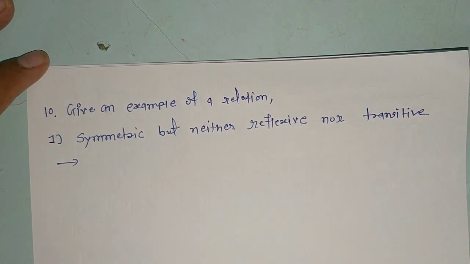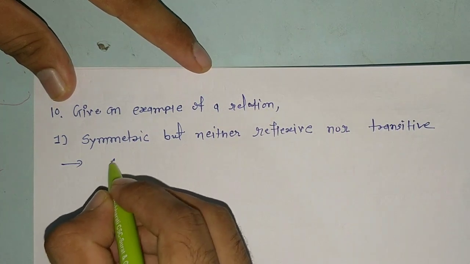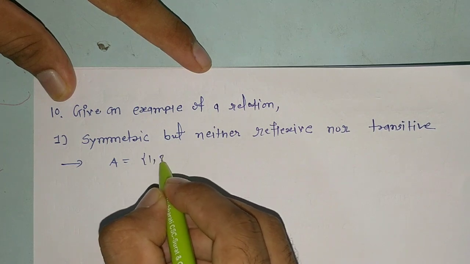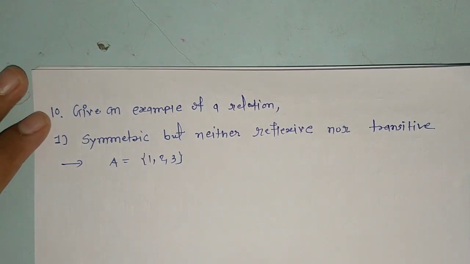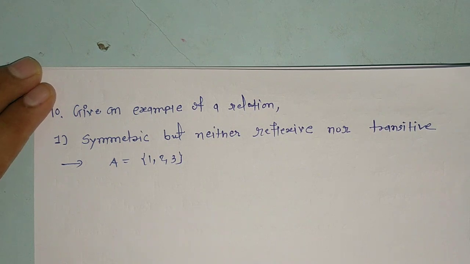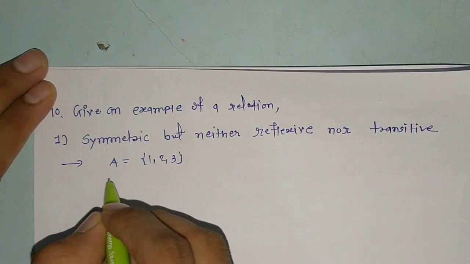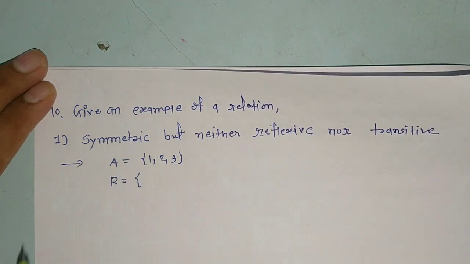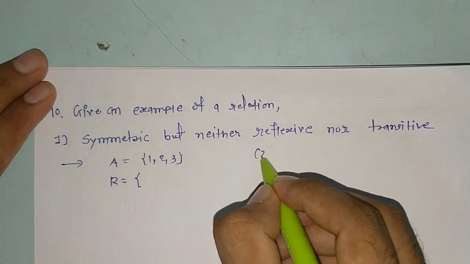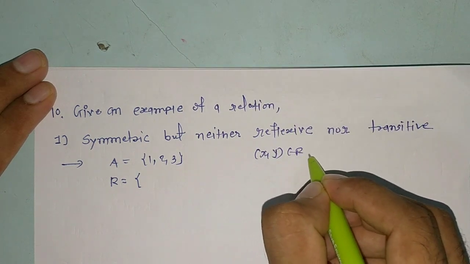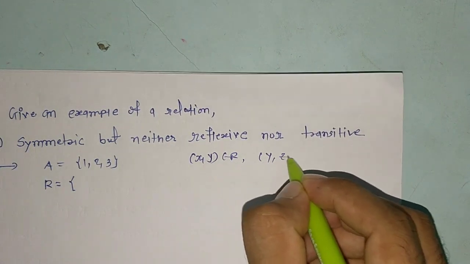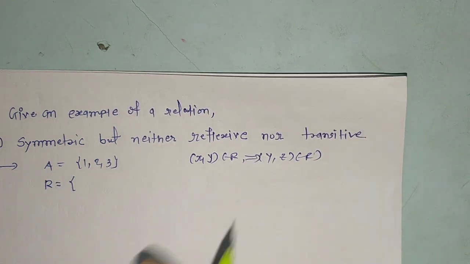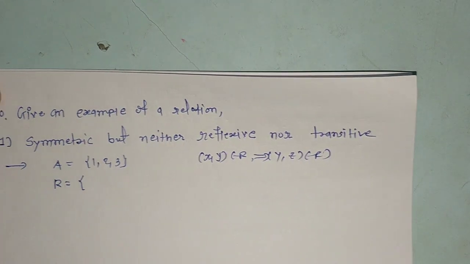So let's start with the question. I am taking the set A = {1, 2, 3}. This is the set from which I am taking the elements, and I am defining the relation R directly in roster form. For these three elements I am defining the relation so that it is symmetric. Symmetry says that if I have (x, y) in the relation, then (y, x) must be in the relation, and only then the relation is symmetric.